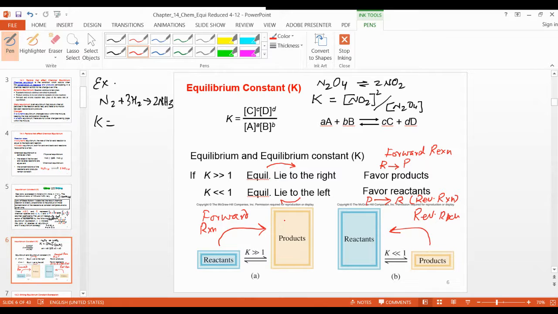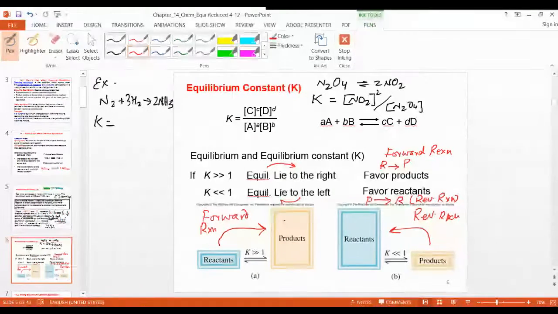For the first one, if K is greater than 1, the reaction starts and the reactant continuously changes to the product, and the reaction reaches a certain point when the equilibrium is set up. That is known as equilibrium lying to the right.